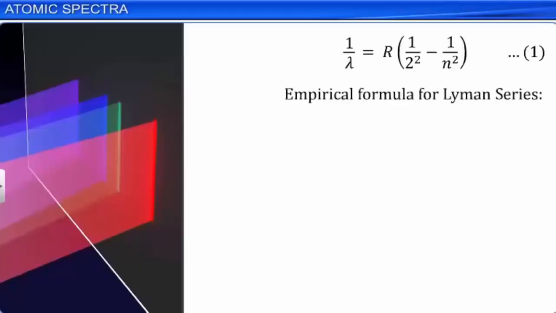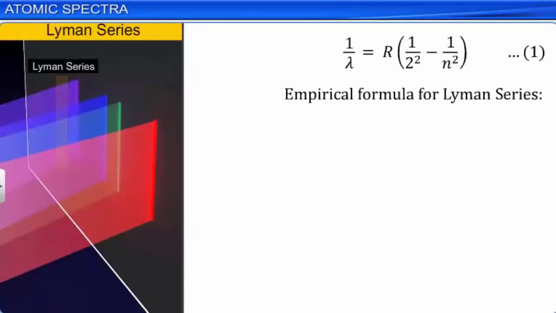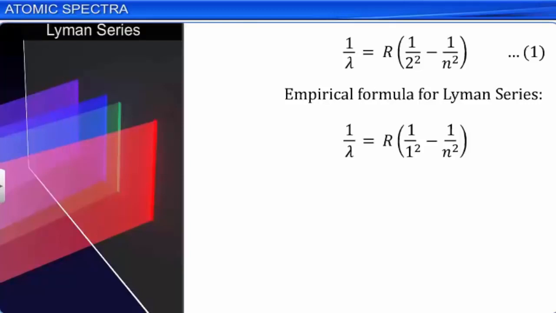The empirical formula for the Lyman series is 1 by lambda is equal to R into (1 by 1 square minus 1 by n square). Here, n is equal to 2, 3, 4, and so on, up to infinity. Let this be equation number 2.